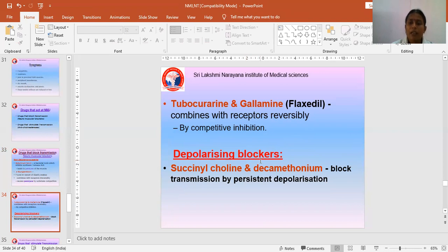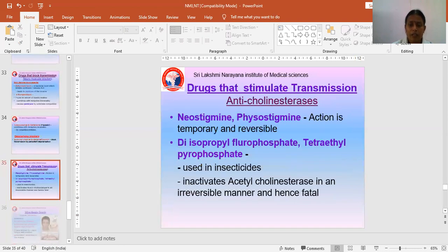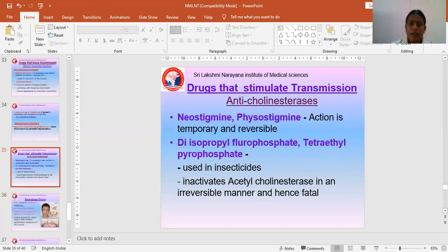The next ones are the depolarizing blockers. The depolarizing blockers are succinylcholine and decamethonium. These block the transmission by persistent depolarization. The next group is the drugs that stimulate the transmission, the anticholinesterases. They are neostigmine, physostigmine, diisopropyl fluorophosphate, and tetraethyl pyrophosphate.